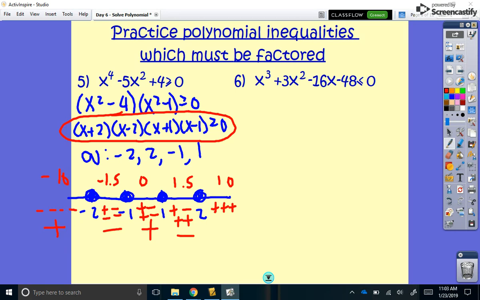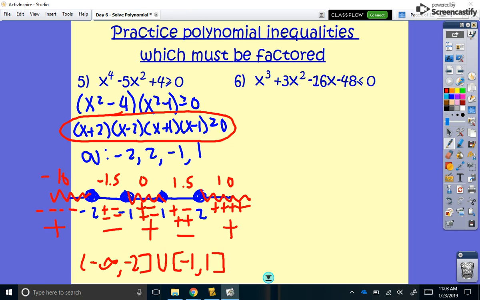And then 10 is going to give me 4 positives. Greater than or equal to 0, I need to shade where I have positive values, which is here. So my solutions are negative infinity to negative 2, bracket, union, negative 1 to 1, bracket, union, 2 to infinity.